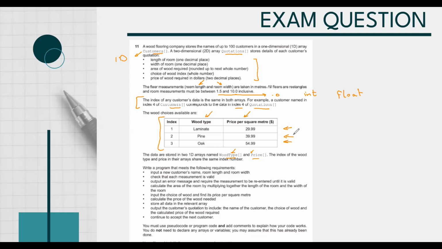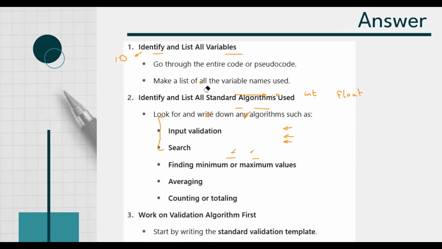We will go through the procedure step by step. Now, have a look. The first thing we need to do is go through the entire exam question, and list down all the variables and names used, okay? And then we need to search in the requirement for all the standard algorithms used: input, validation, search, finding minimum or maximum, averaging, counting, or totaling.